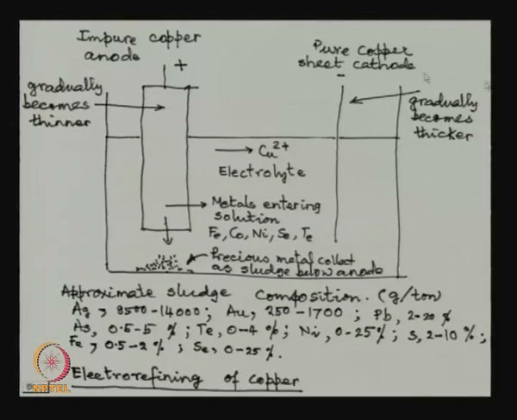But there are in this impure anode precious metals. As copper leaves this anode, while these impurities go into the solution, the precious metals simply drop below the anode to form a sludge.